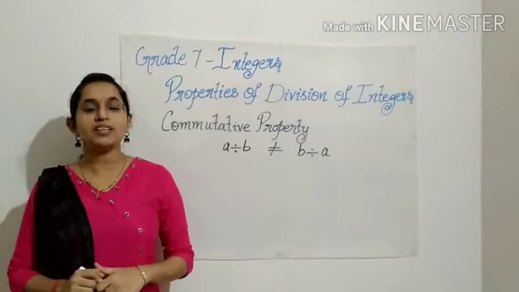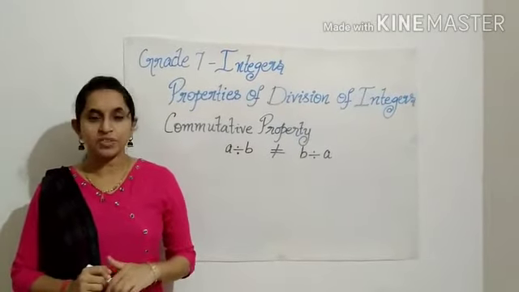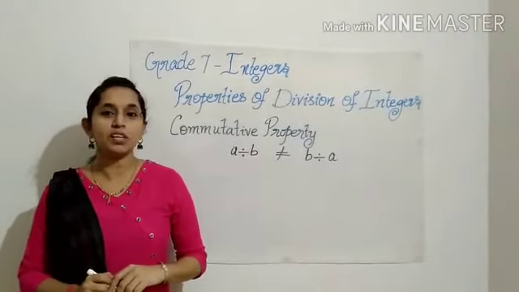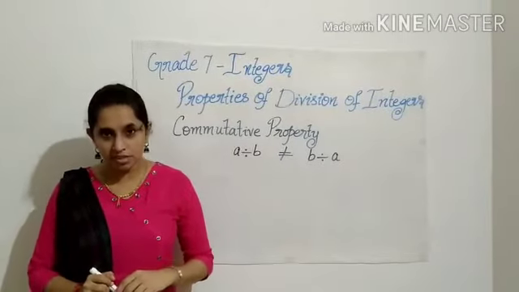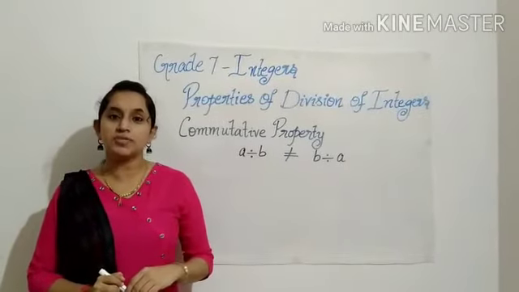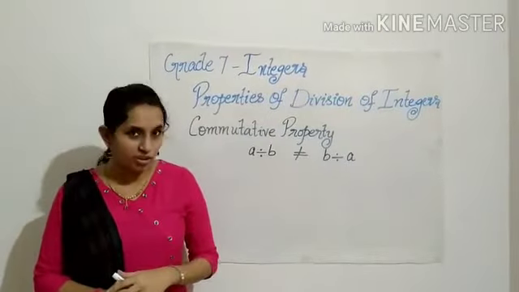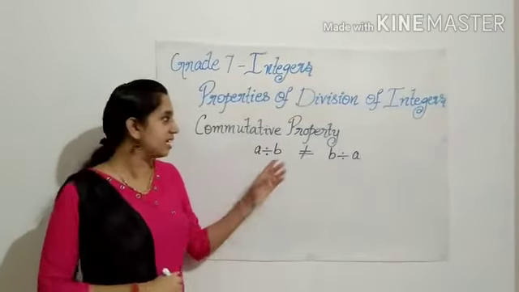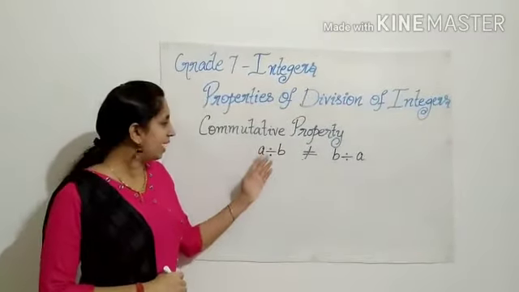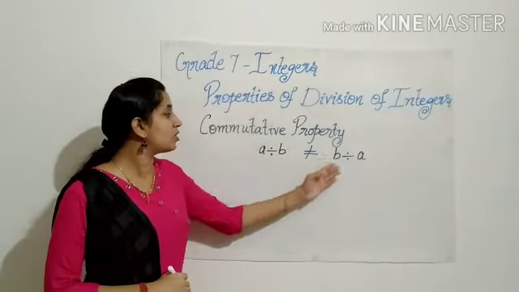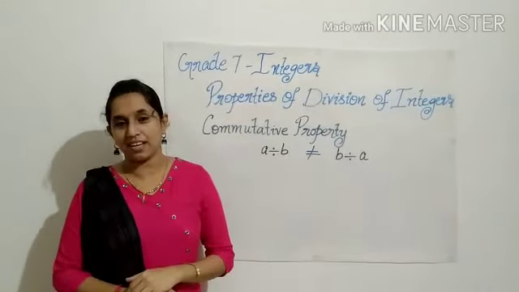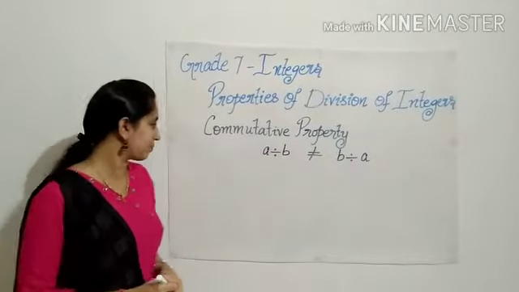The second property is commutative property. If commutative property holds for division of integers, we will be able to divide integers in any order. Okay, and you can see here I have written a divided by b not equal to b divided by a. Let's check it.